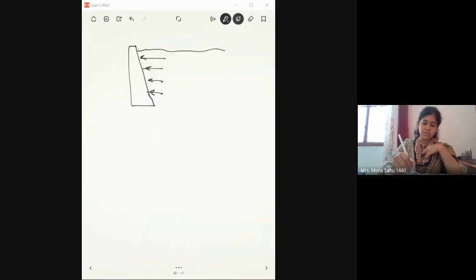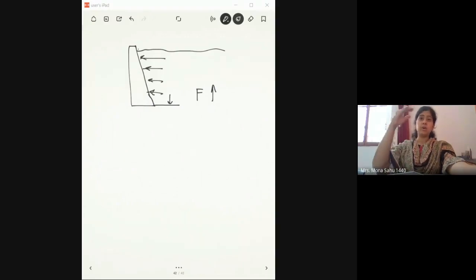The deeper it goes, the force will increase. Are you getting me? The deeper you go, the force on the wall, as well as at the bottom, will increase. That's why you always have a dam wall which is slanted. Why? Because it should withstand that much load. That's the hydrostatic law: the lower you go below sea level, the pressure is higher compared to the top portions. So it's a varying load.